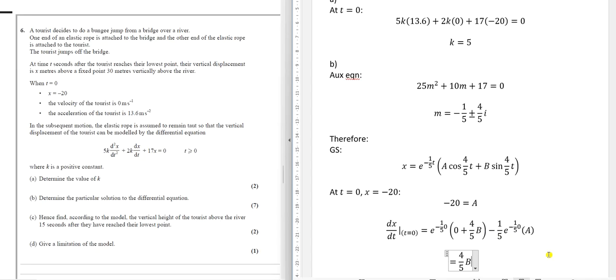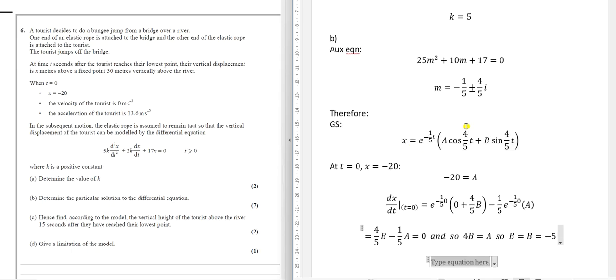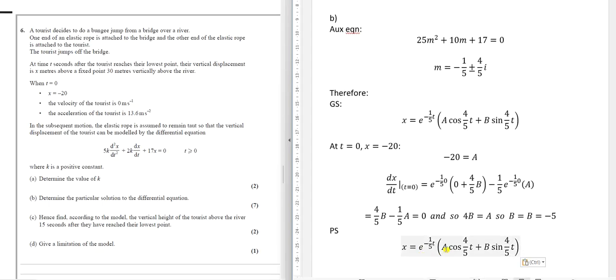I get 4/5 of b minus 1/5 of a is equal to 0 because it said the velocity is 0 at the beginning. And that means, well, 4b minus a is 0, 4b must equal a. But a is minus 20, so b is minus 5. And for completeness, I want to actually write out the particular solution, so I make sure I get all the marks.